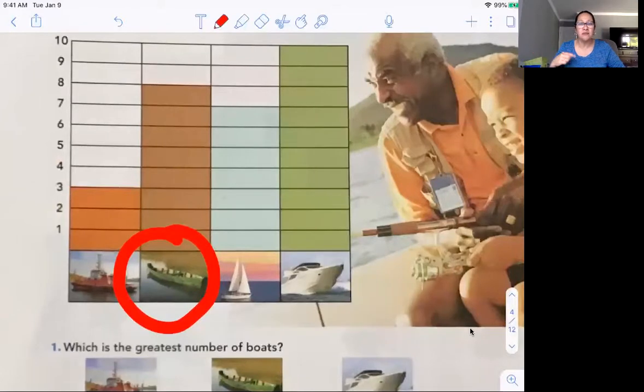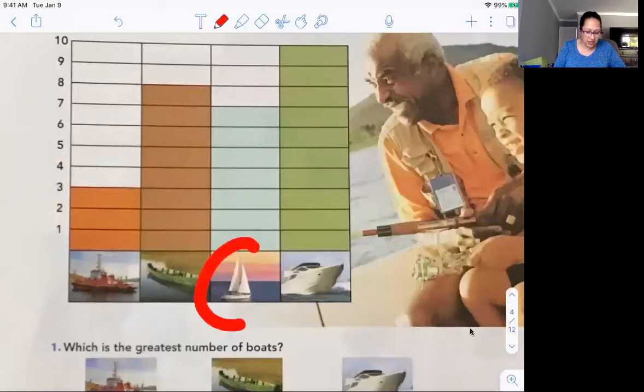Those kinds of boats do not have engines, right? They don't have a motor. So what do you do to make them go? People have oars, and they put their oars on the water, their paddles, and then they paddle it to make the boat move. Okay, so that is another kind of boat.